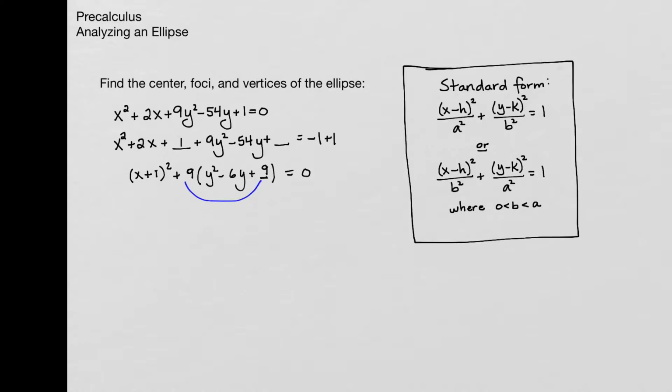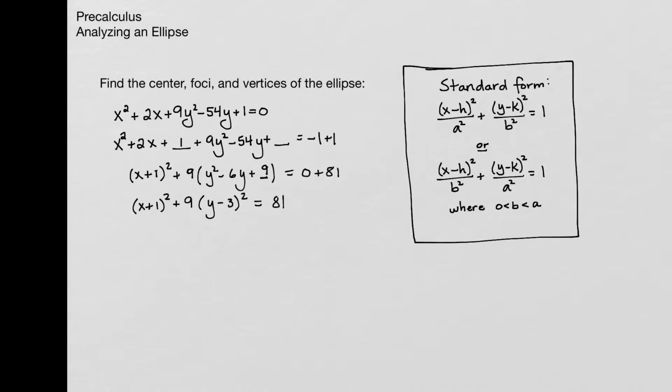And you could redistribute the 9 on the outside here and see how that turns out, but I think you can just imagine it and then realize what it is you have to add to the other side. All right, so now I have (x plus 1) quantity squared plus 9, and this in factored form is going to be (y minus 3) quantity squared, and that equals 81.